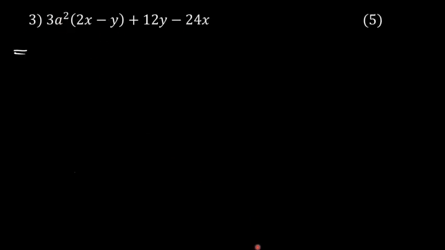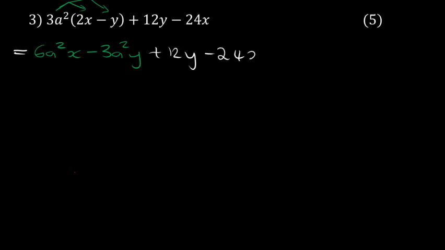Okay guys, let's look at number 3. So for number 3, you see this is an example of factorizing by grouping. So what you're going to do is that if you can multiply this in, you find that you're going to end up with 4 different terms that you cannot add together. For example, I'll have 6a squared x here, and then I'll have minus 3a squared y, and then with that plus 12y minus 24x.